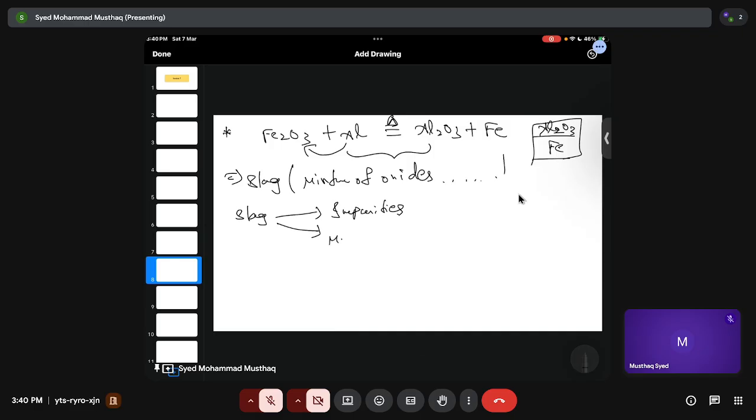So metal pickup and release is also very important, which can be avoided. And the next thing is it acts as a thermal barrier.